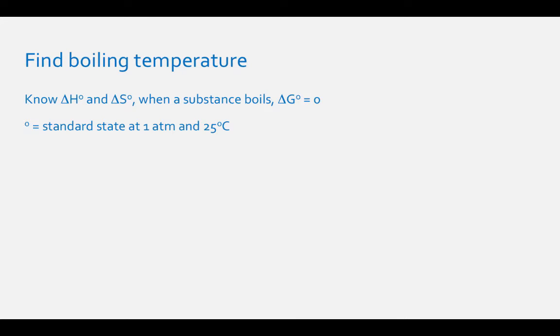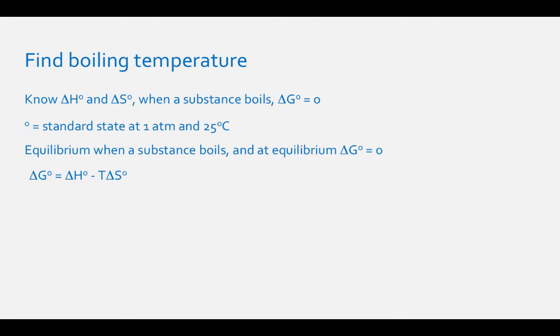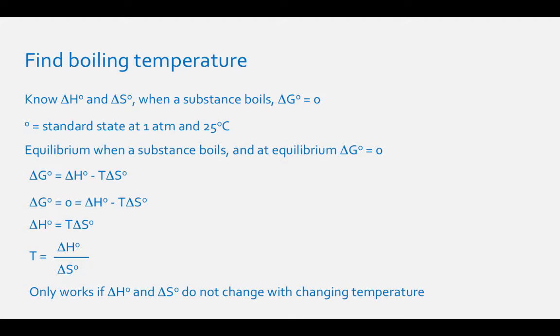This is because the system is at equilibrium when a substance boils, and at equilibrium delta G equals 0. In our equation, if the delta G naught equals 0, then the delta H naught equals temperature times the delta S naught. Solve for temperature, which will equal delta H naught divided by delta S naught. This equation will only work, however, if delta H naught and delta S naught do not change much with changing temperature.